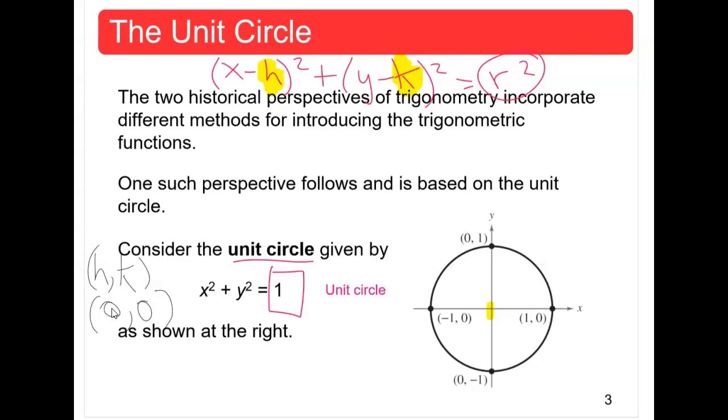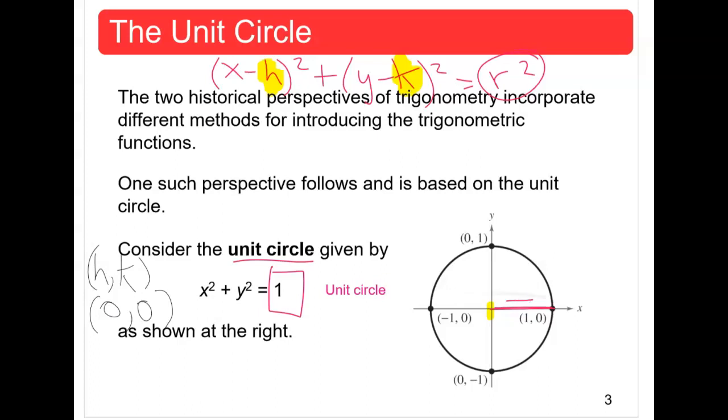Now, if we actually plot that on the Cartesian plane, we will see that in each direction, right, left, up and down, or north, east, south, and west, since the radius is always equal to 1, and if we speak about it in terms of absolute value, distance, it will always be positive, right? The absolute value of 1 will still be 1.